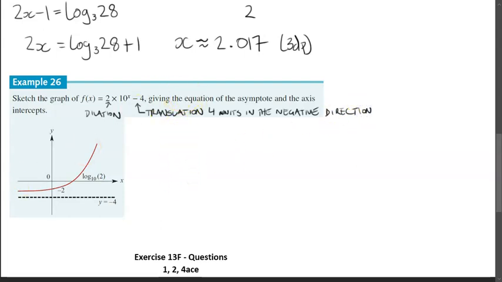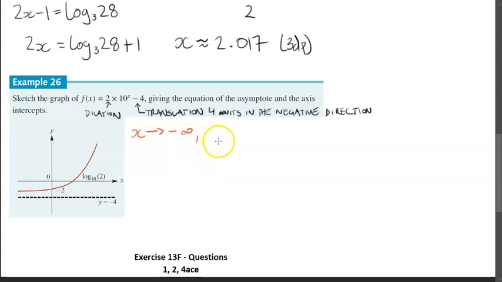From the graph we can also see that as x approaches negative infinity, as we keep going along the x-axis in the negative direction, the line tends towards the asymptote at y equals negative 4. It's negative 4 because of the minus 4, that translation that pushes it down.